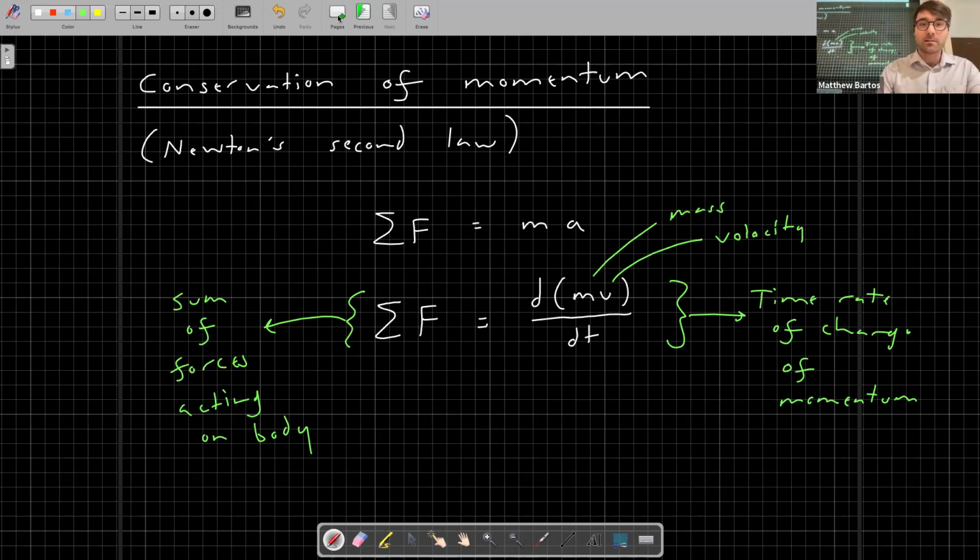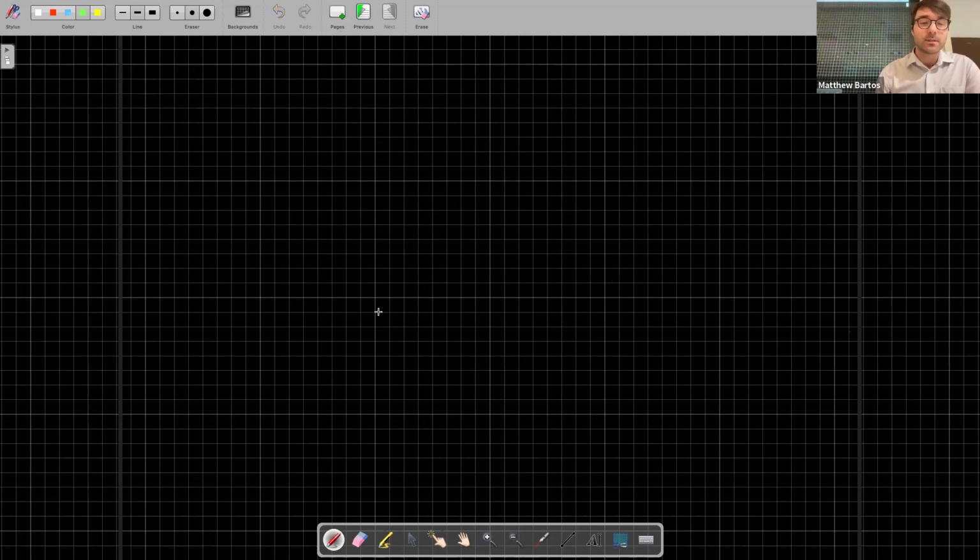All right, so let me draw a fluid system. I'm just going to draw fluid in a pipe. And for this case, I'm going to have the pipe flowing completely full. It turns out it's not really going to matter in terms of the force balance.